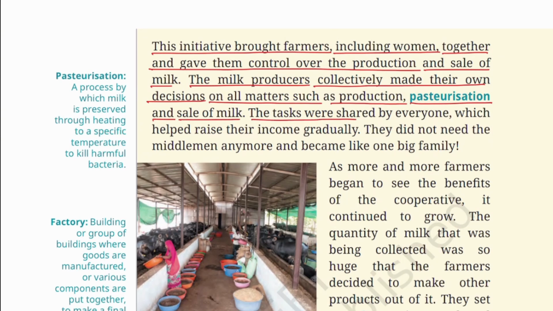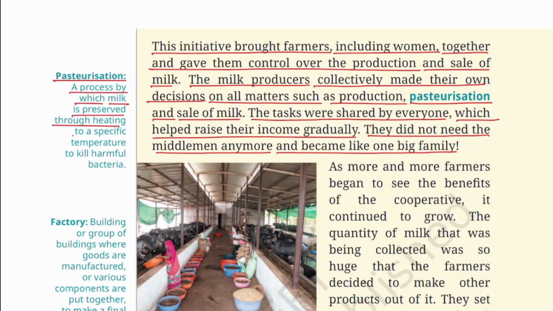The tasks were shared by everyone, which helped raise their income gradually. They did not need the middleman anymore and became like one big family. Pasteurization, a process by which milk is preserved through heating to a specific temperature to kill harmful bacteria.